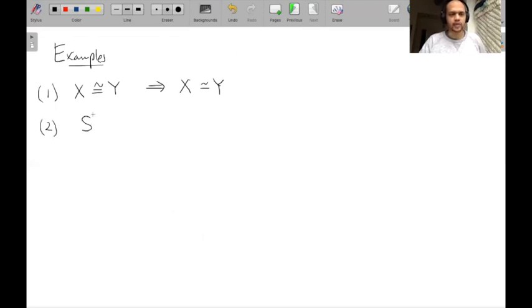A non-trivial example is that the circle is homotopy equivalent to R2 minus the origin. So let's see why this is true.